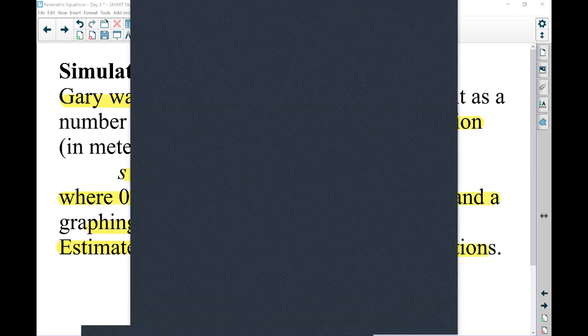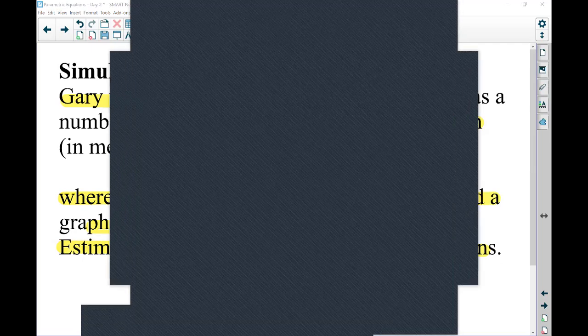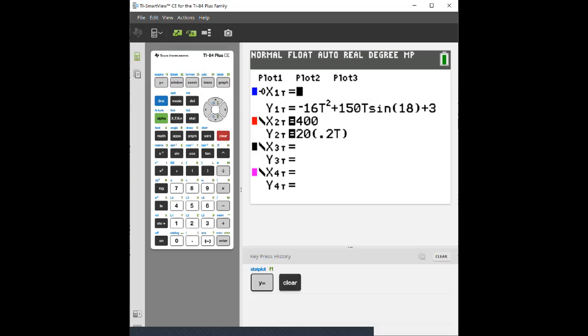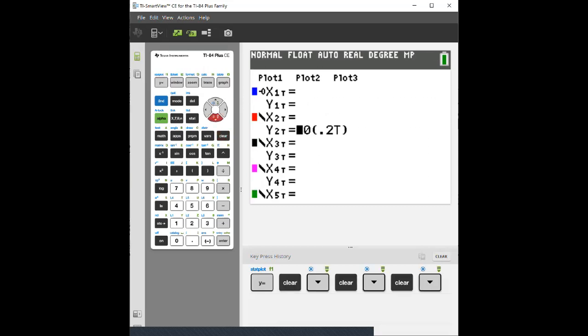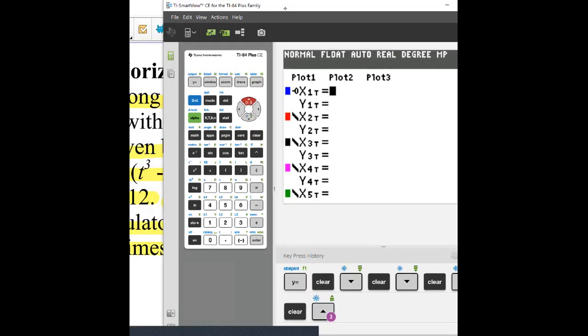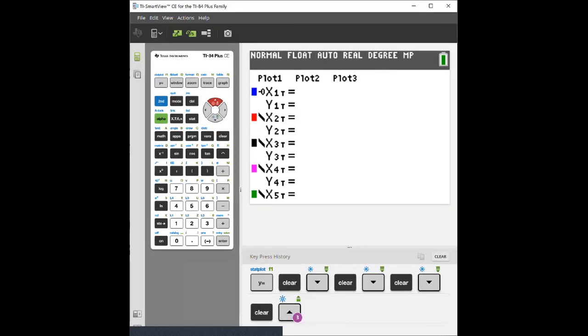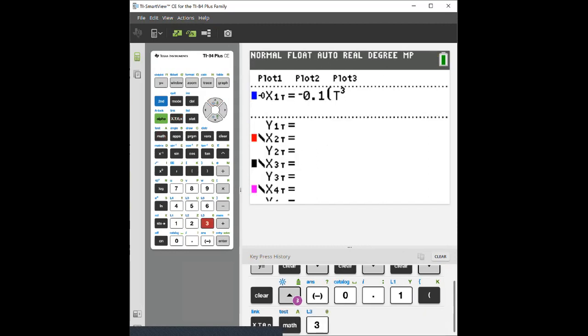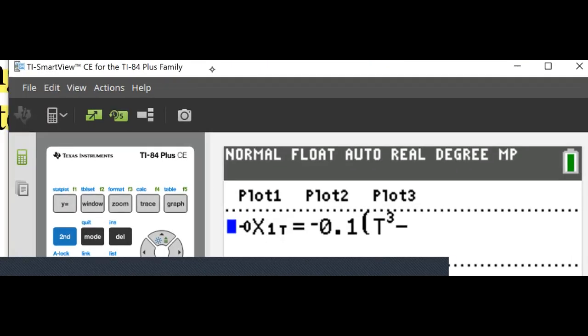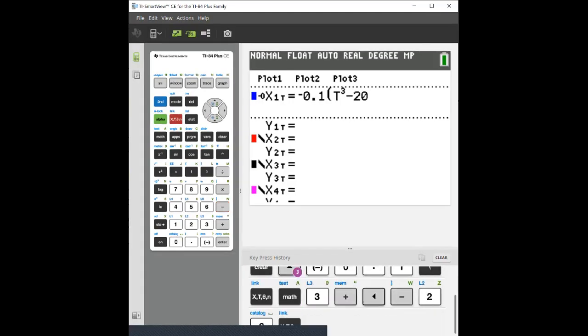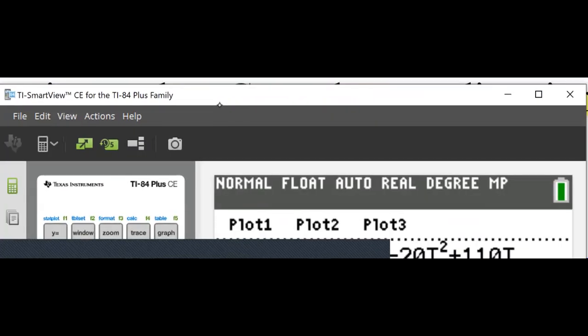So if we're in parametric mode, we'll put our equation in: negative 0.1 t cubed minus 20t squared plus 110t minus 85.